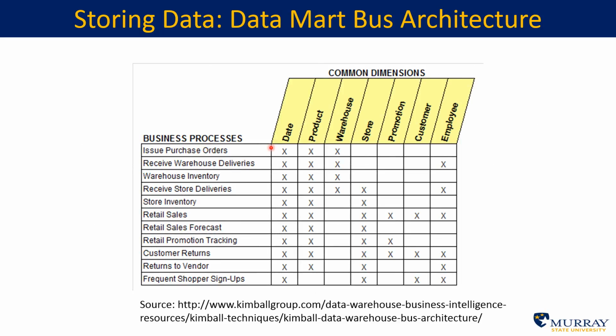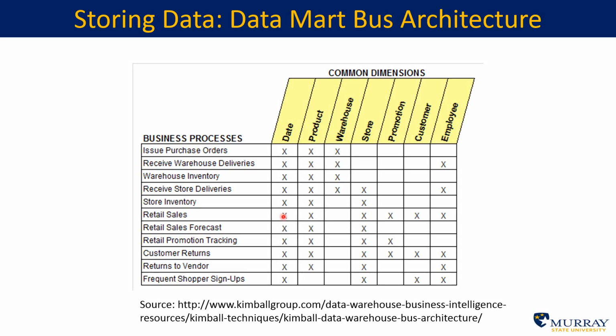So basically, within an organization, you have the following processes that are listed here. Okay. And through analysis, it may be determined that all those processes use the following common dimensions or data areas. Let's say they use information about date, about product, about warehouse, about store, about promotion, customer, and employee. For example, the process of making retail sales, meaning making sales in a particular store or retail location, involves usage of the following dimensions or data components.